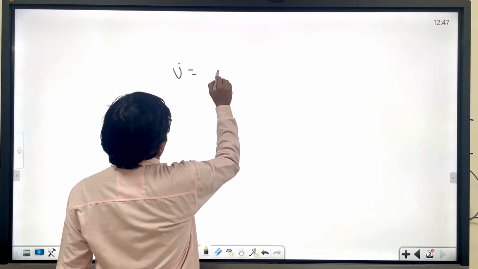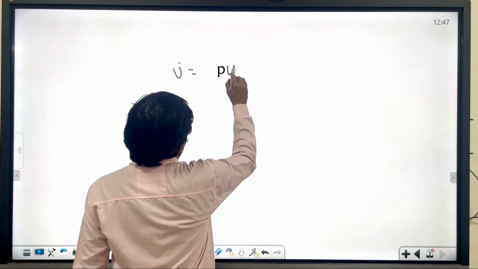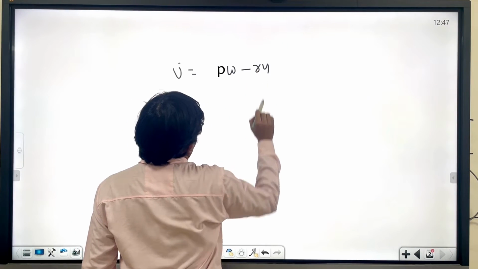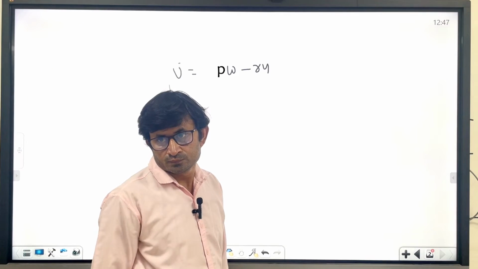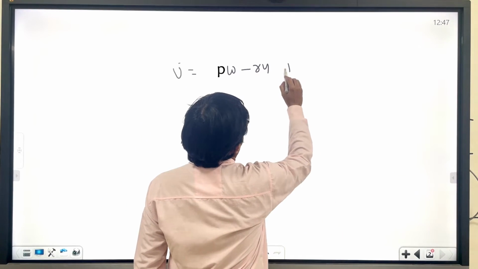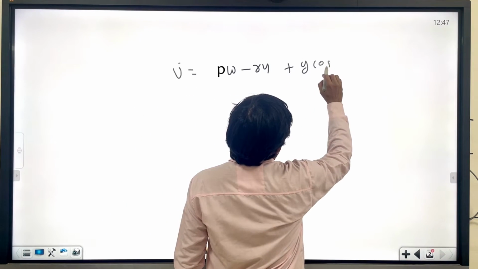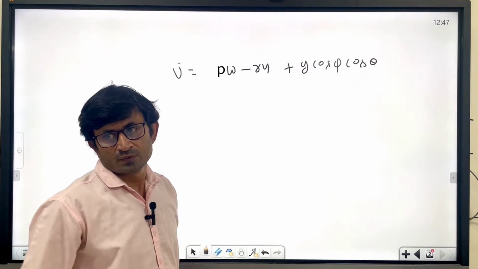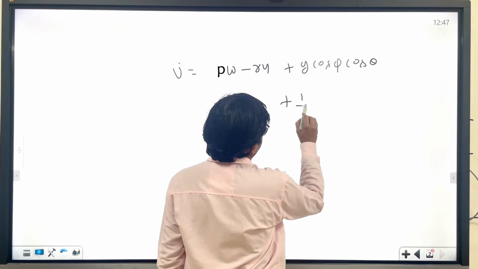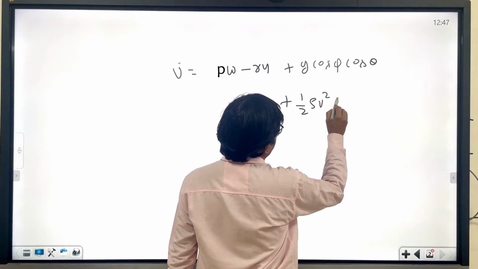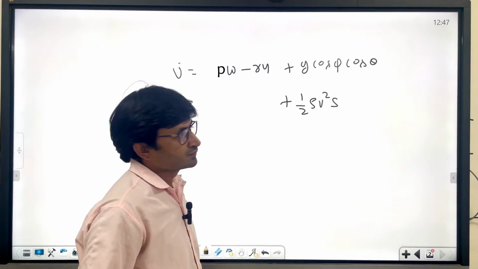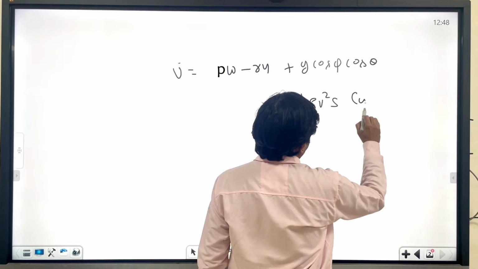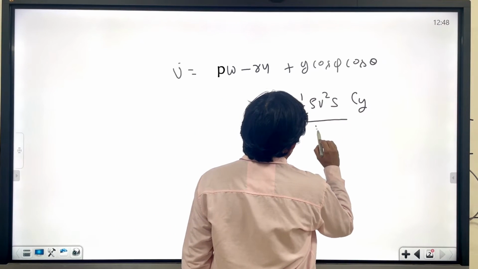V dot equals minus R u, plus g cos phi cos theta, plus half rho V squared S, and this is Cy, divided by m.